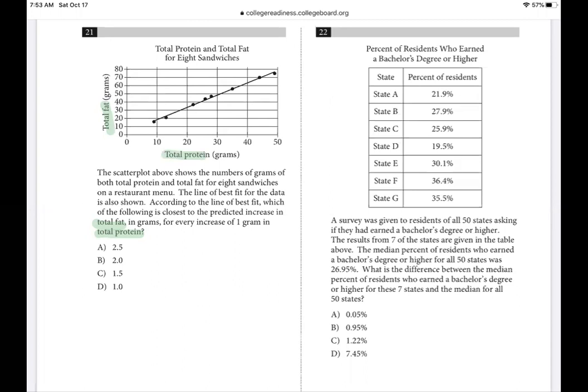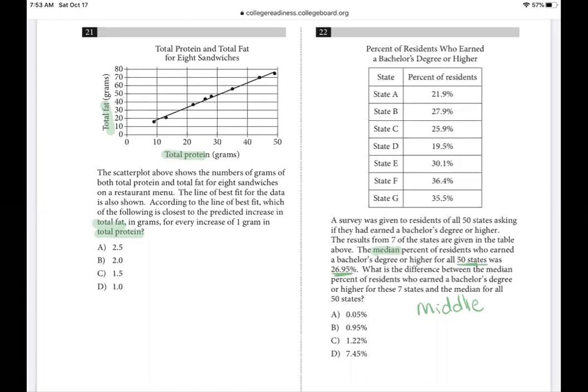For the next one, very important to acknowledge that median means the middle when we're talking about measures of central tendency. And the chart is providing data for 7 states, but then they go ahead and tell us for all 50 states that the median was 26.95.